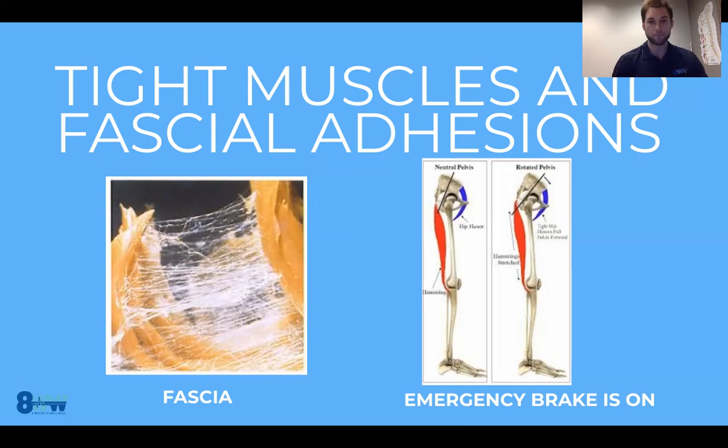Okay, so your hamstring is a perfect example of this, because of the emergency brake, right? It's the human emergency brake if you have a tight hamstring, because it basically prevents you from being able to run fast, or even have a proper gait, because you're going to land on your heels, and the heels are going to stop you. So again, it's all about the pelvis positioning, making sure that you don't have muscle imbalances, and make sure that the hamstring has full range of motion.